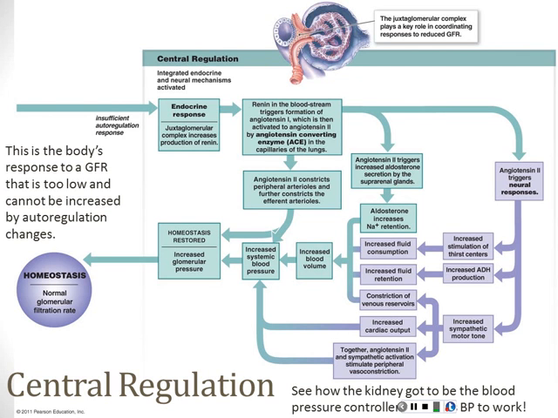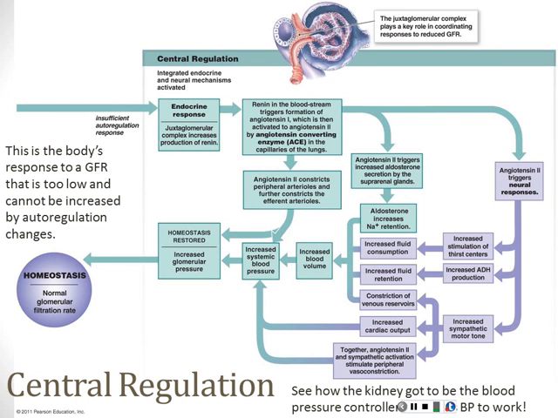So renin is a hormone, and it has multiple effects. One of the things that renin does is it triggers the release of angiotensin 1. And yes, if these words sound familiar, we talked about them in the cardiovascular system, right? So renin creates angiotensin 1.